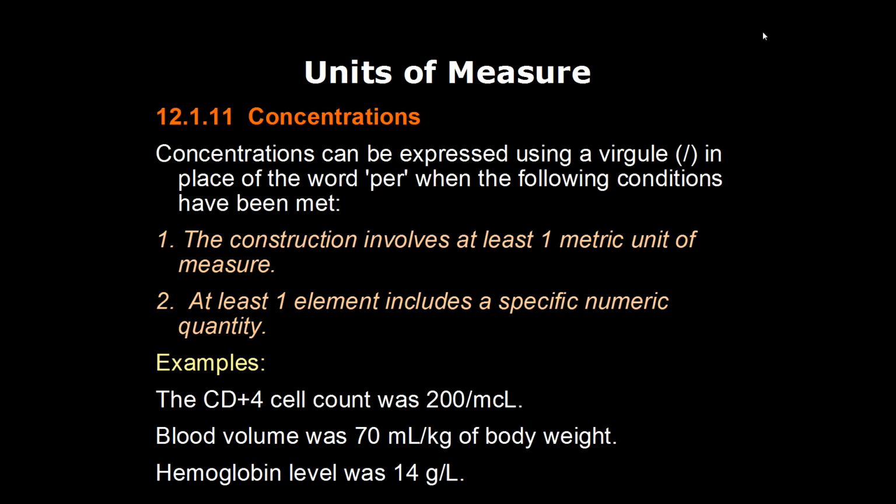We're getting there, Lisa. Good question. Again, we're not talking about whether there are two numeric units. We're going to talk about that when there's two, and you'll see. For now, it involves at least one metric unit and the specific numeric quantity is already in there too.